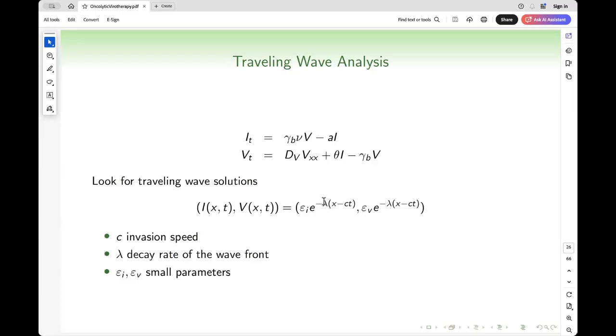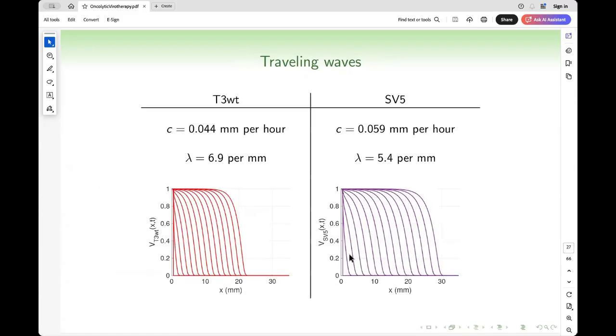You have a decay rate lambda at the front of the wave, and you make an ansatz of this form, e to the minus lambda (x minus ct). You sub it in, you linearize. Actually, this is already linearized. And then you get an equation between c, the speed, and the decay rate lambda. And then you find the minimum invasion speed.